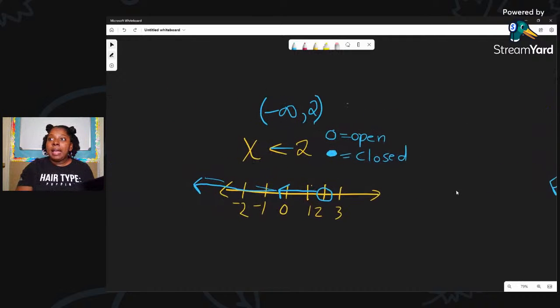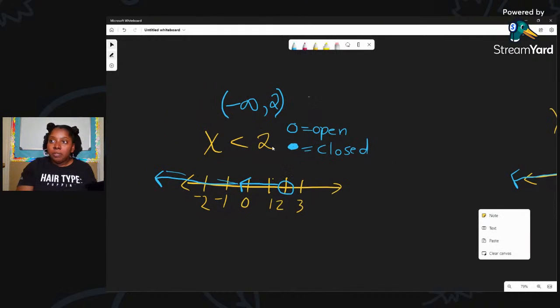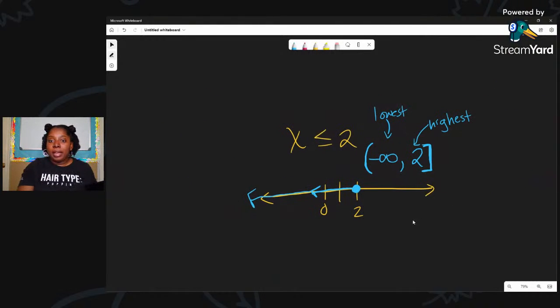But when we had just less than, and x could not be 2, it was an open circle, and it also had the parentheses. So if there's no line under here, that means that 2 is not included. If there's a line under there, closed circle and bracket.